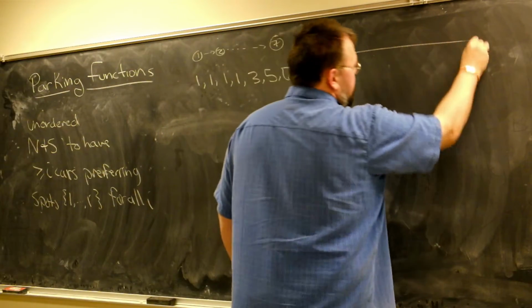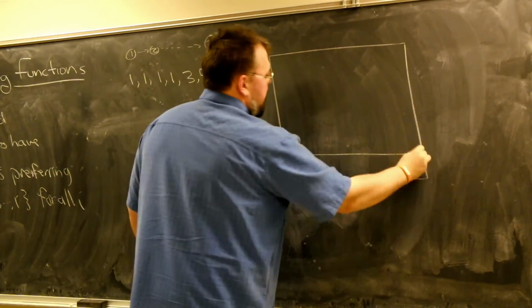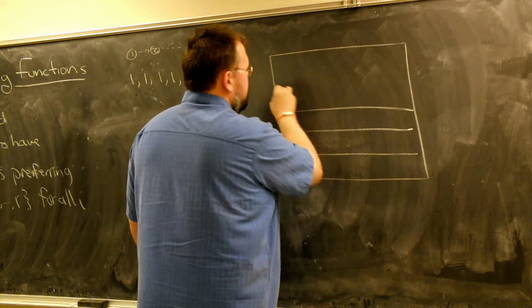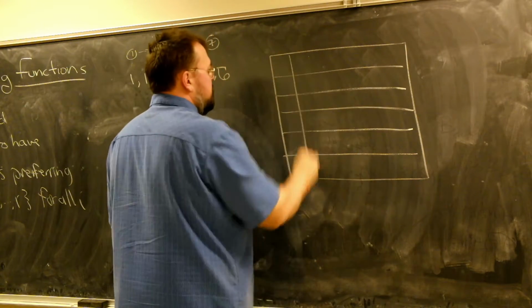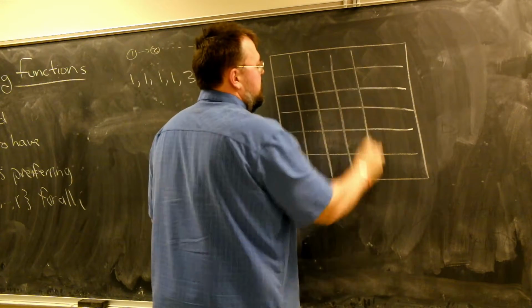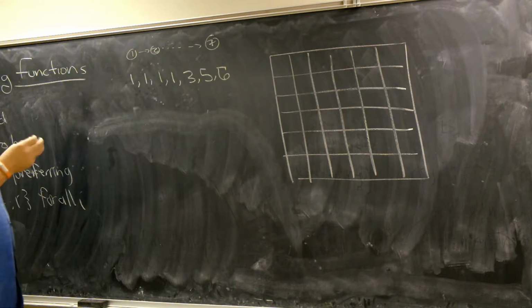So I'm going to draw a grid. This is going to have 7 lines, 1, 2, 3, 4, 5, 6, 7, 1, 2, 3, 4, 5, 6, 7. And now I'm going to mark points.